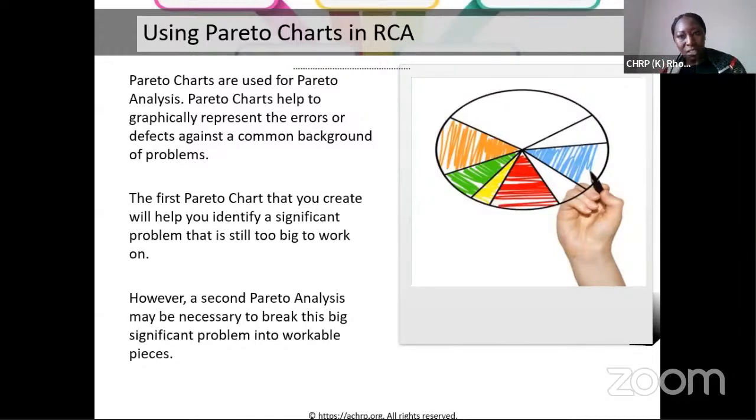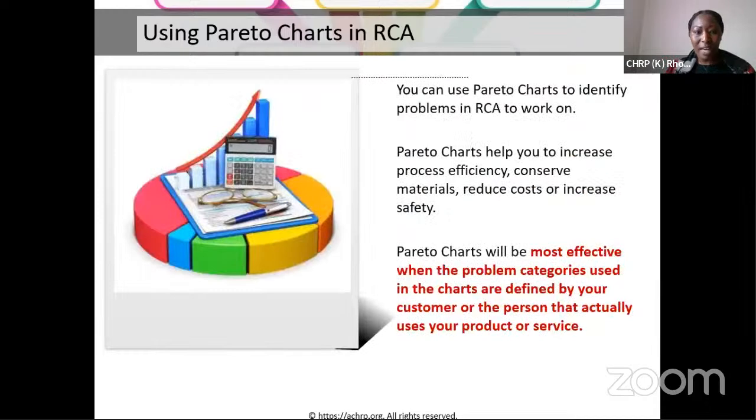Because probably once you inject the first solution, it wipes out what was big. And then what is remaining, if you now draw a new graph or chart, it can tell you that has shifted, and that is now no longer a problem until you are able to have very minimum of that solution. So you can keep on drawing more charts.